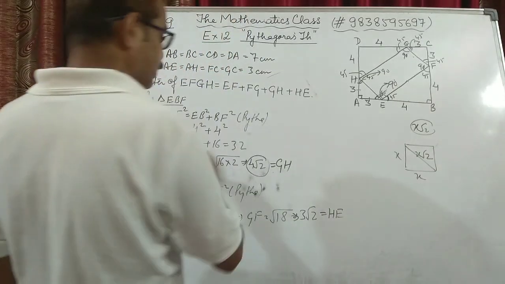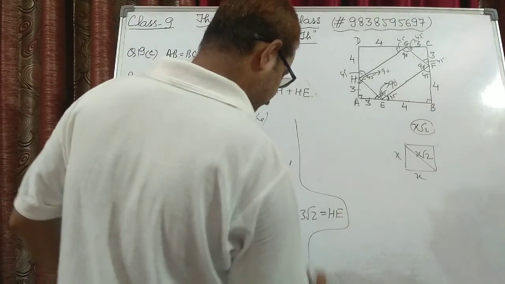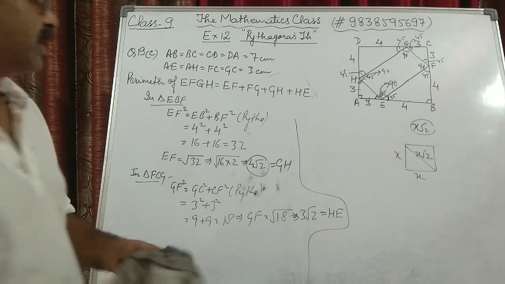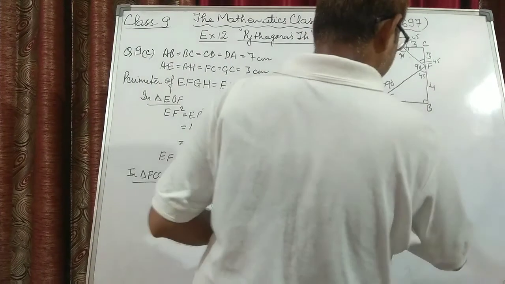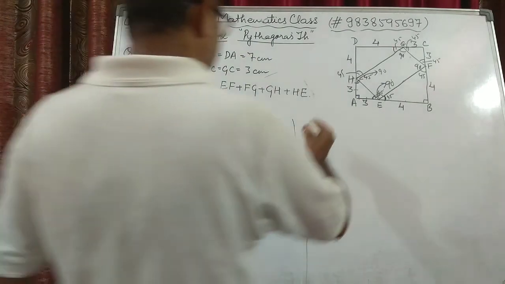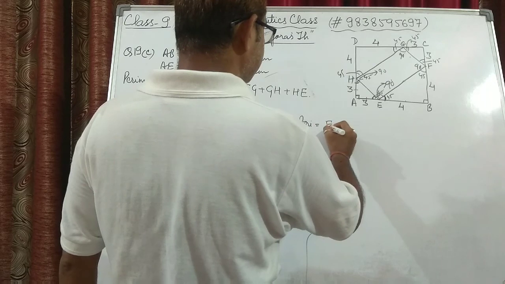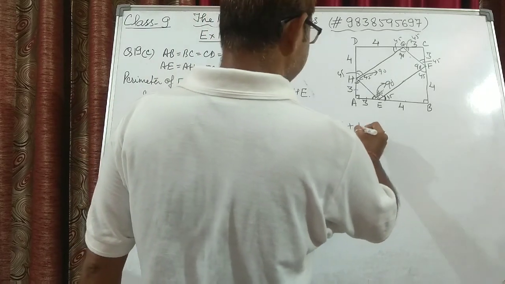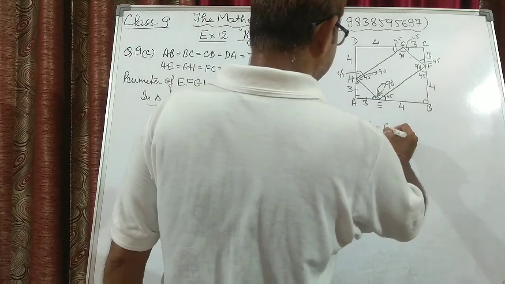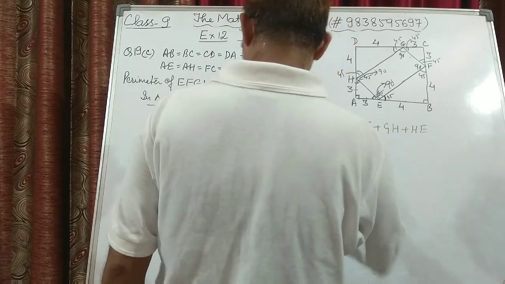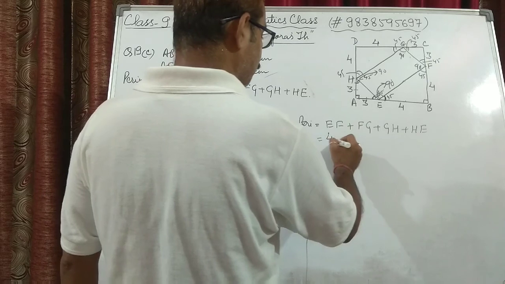Talk about the perimeter. So we can say that perimeter can be EF plus FG plus GH plus HE. Now what was the value of EF? 4 root 2.